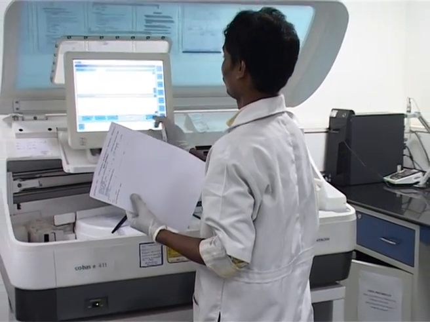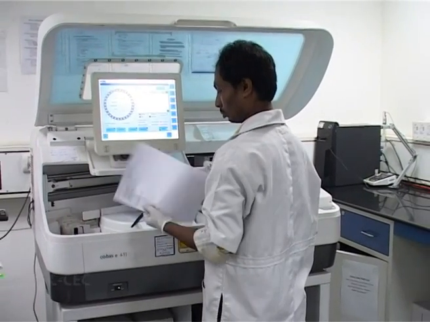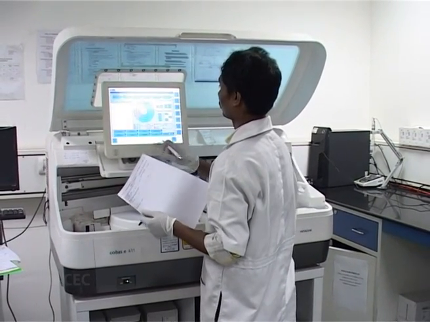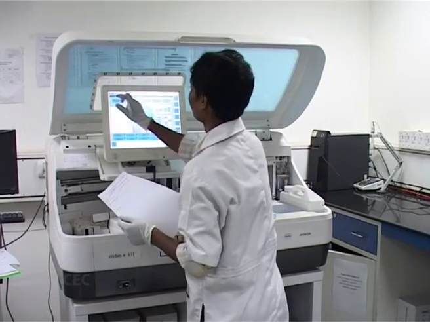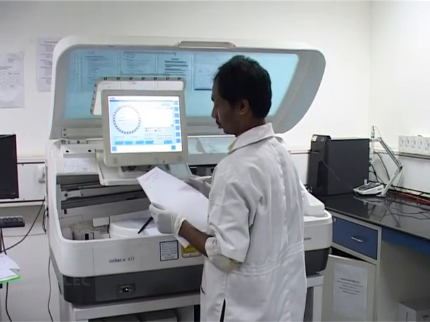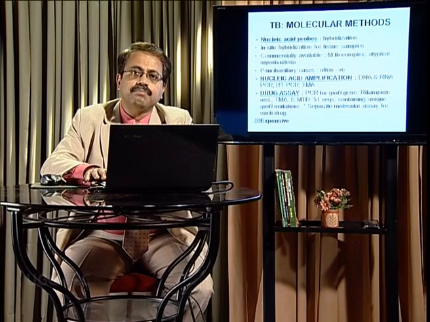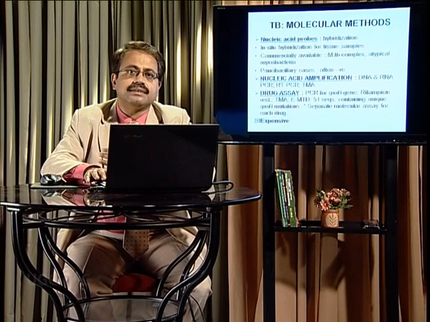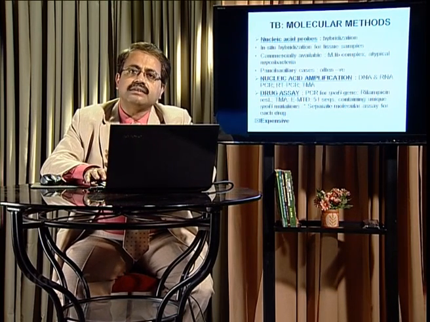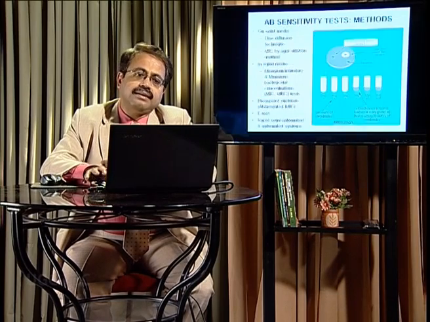But the main drawback of these rapid systems is that they are expensive. But in the long run, they will prove to be cost effective to the patient, because the treatment can be started very soon, and the patients also get cured sooner.